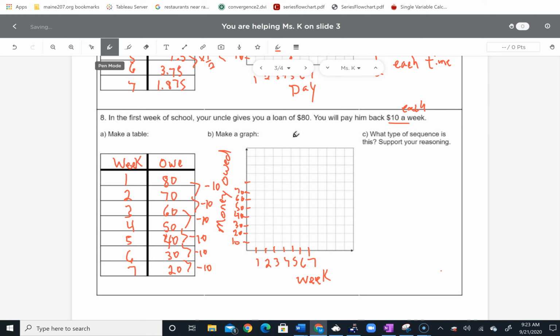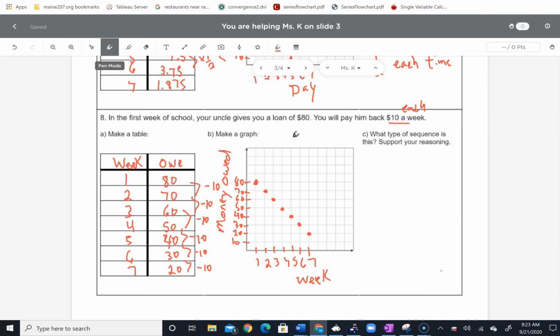So you may certainly make use of that. So 1, 80 is up here. 2, 70 is right here. 3, 60. 4, 50. 5, 40. 6, 30. And 7, 20.